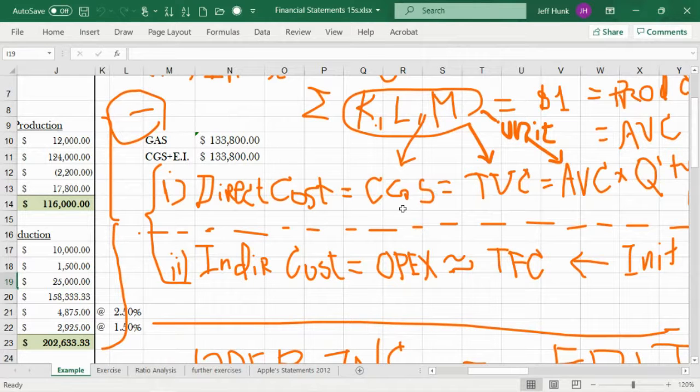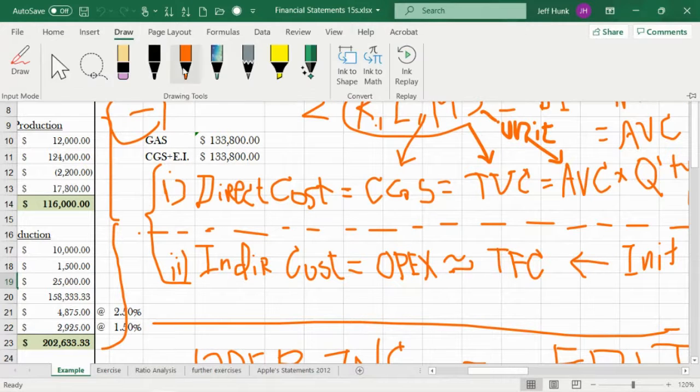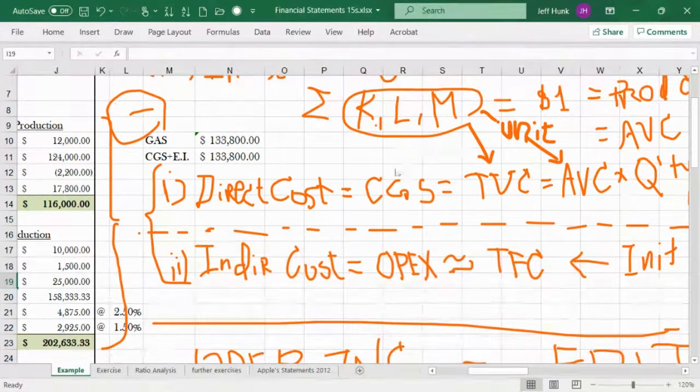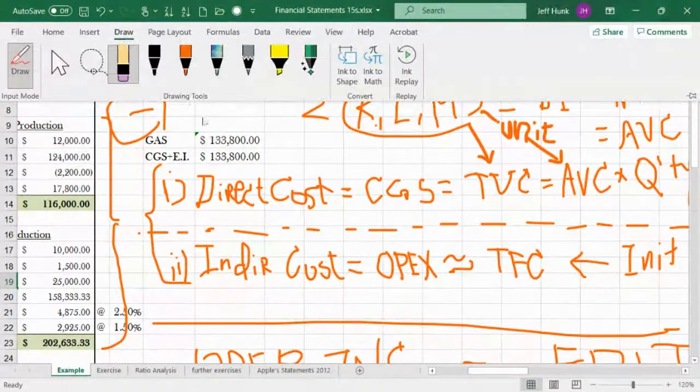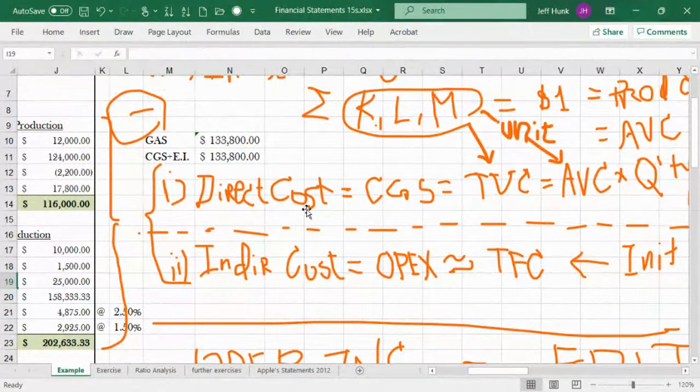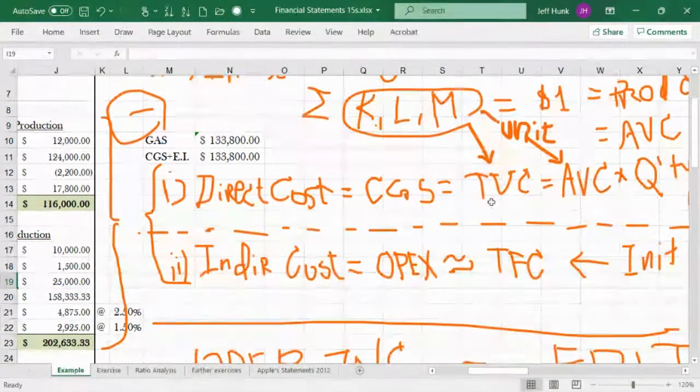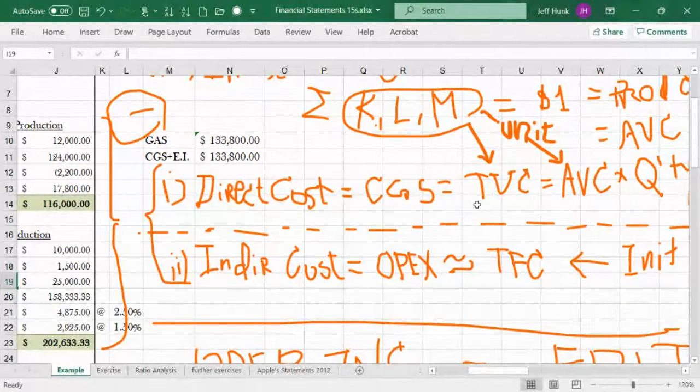It is also called cost of goods sold, COGS. That's accounting's terminology. But in microeconomics, it's called total variable cost, right?